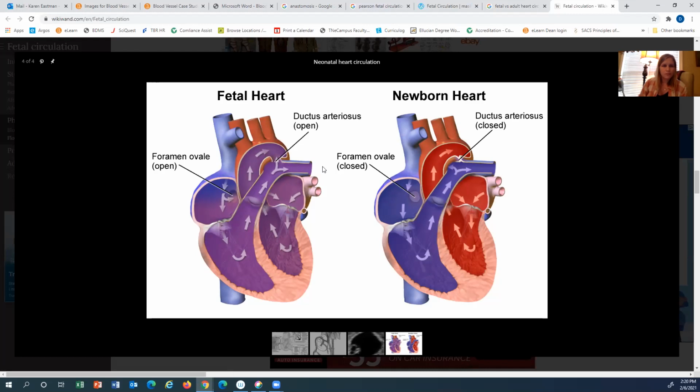So there are two bypasses that prevent this blood from going into the lungs. Lungs are the last thing to develop, and we don't want to force a lot of blood through the lungs because we can damage them in this little fetus. So we've got two backup plans, and the whole idea is to prevent the blood from going to the lungs.